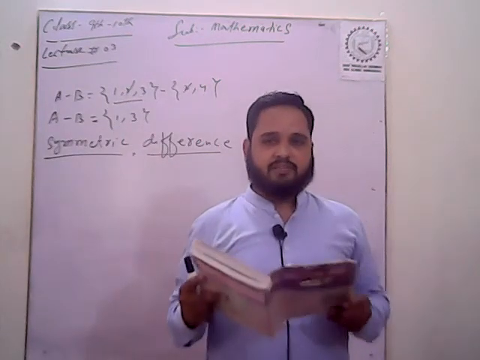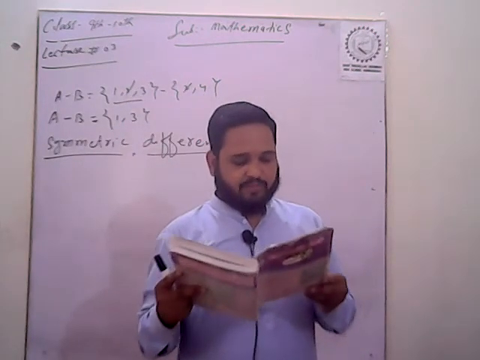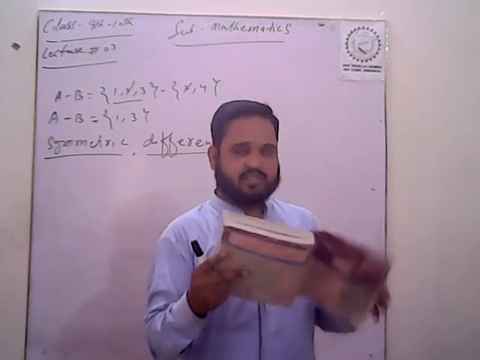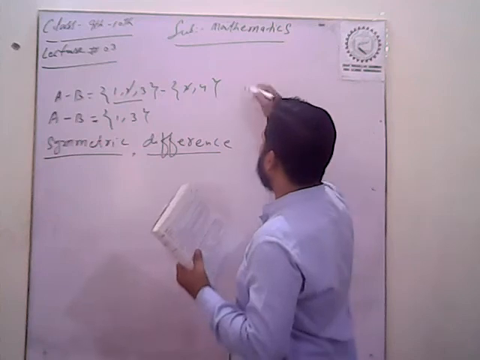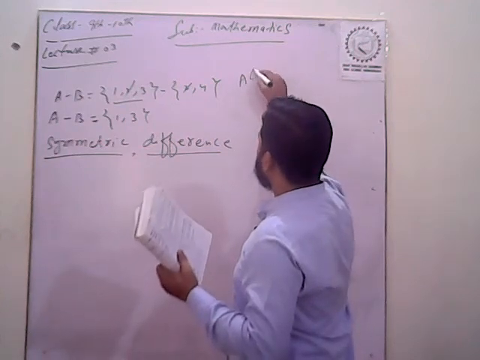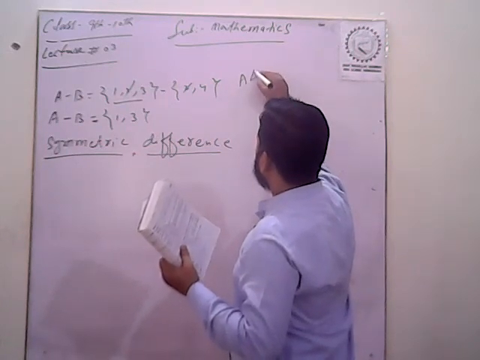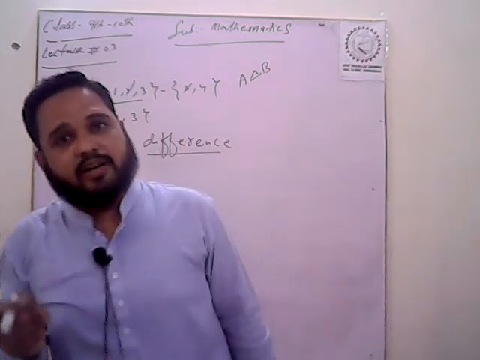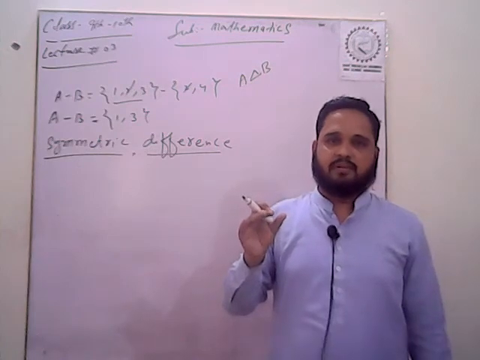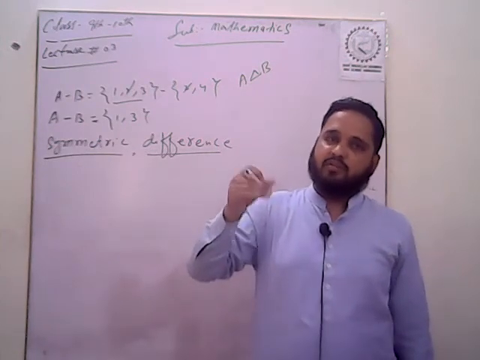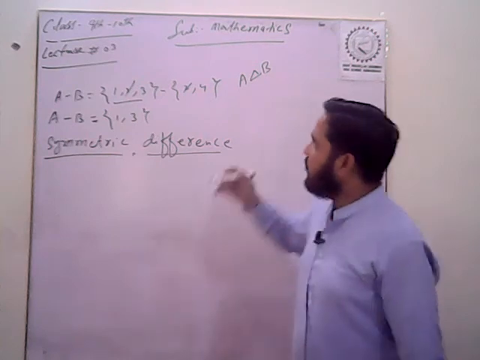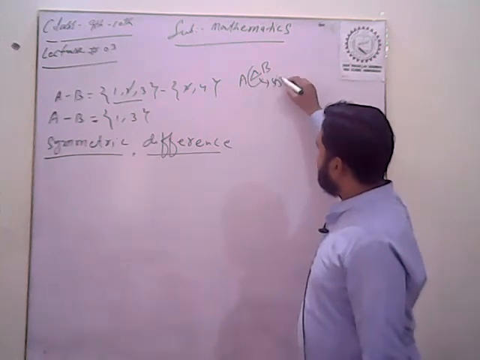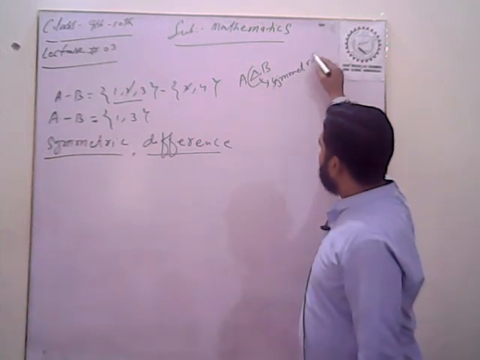By definition, A and B are two sets. The symmetric difference of sets A and B is denoted mathematically by A symmetric B. We cannot read it as delta. In this topic, we write this symbol, which shows the symmetric difference.